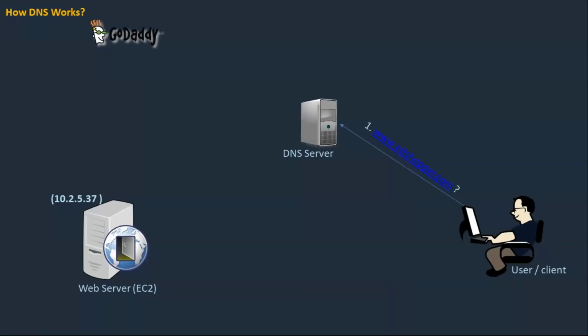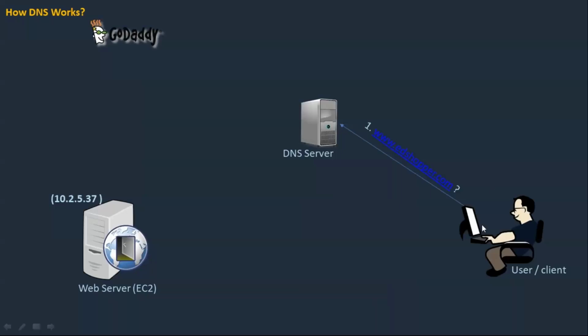So the DNS server that you are seeing here is the very immediate available DNS server from your internet perspective. I mean to say, let's say your client laptop is connected to one internet service provider. It could be Spectrum, it could be Google, it could be Airtel, or any. Whichever service provider you have taken the internet service from, those service providers are maintaining one DNS server at their organization level.